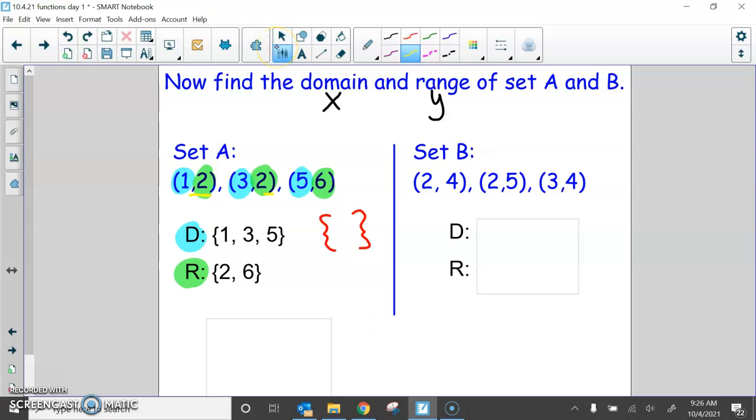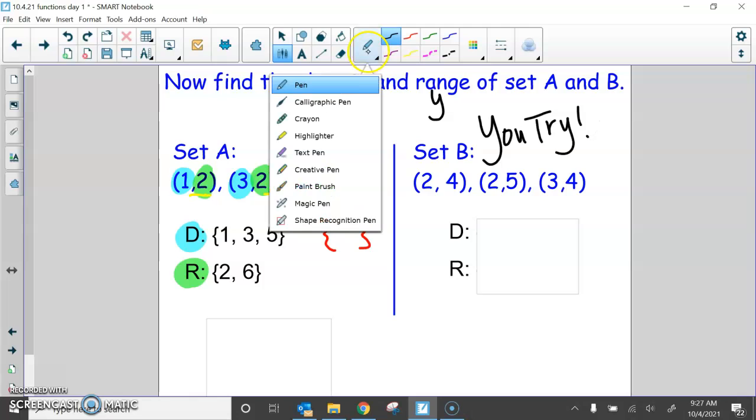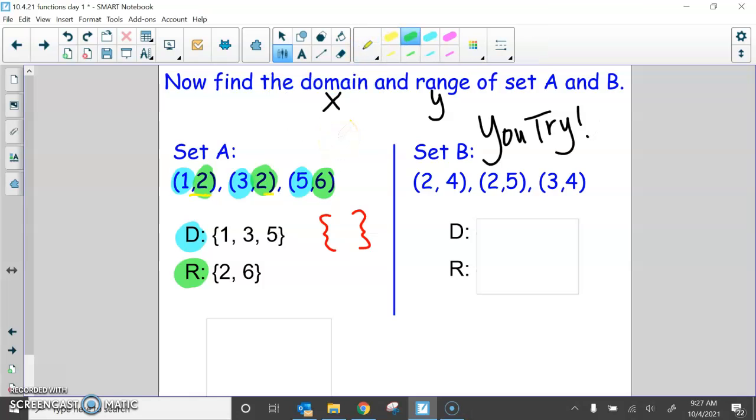Okay, now I want you guys to try B. I want you guys to see if you can figure out the domain and the range for B. So pause this video and see if you can figure it out. Okay, so you should have paused the video by now. For our domain, we're looking at these numbers.